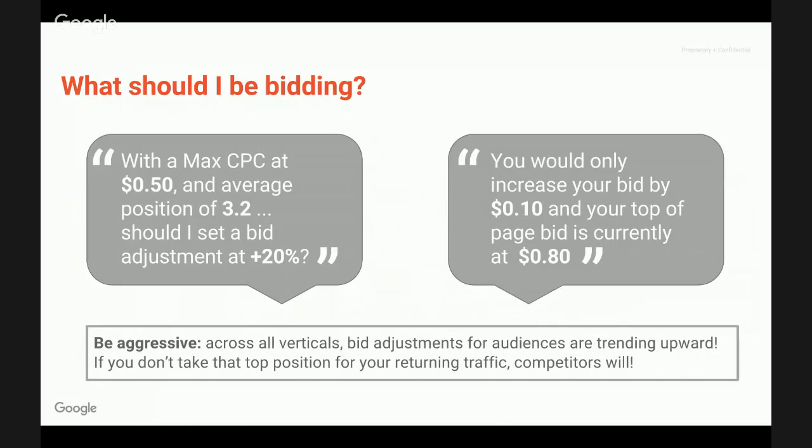Now let's assume that the top of the page bid is actually 0.80. What will happen in this case is that 20% will only increase your bid by 10 cents, to 0.60, which is still not enough to appear at the very top spot for returning visitors. So make sure you're aggressive and that you're bidding enough to appear in the very top position.